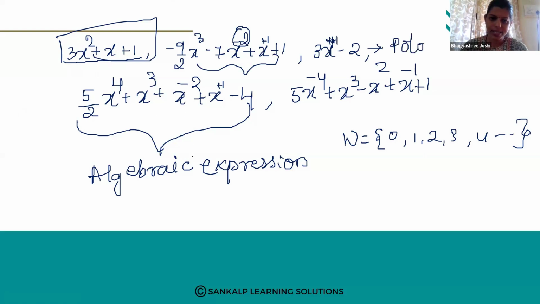And this is an algebraic expression, and this is also an algebraic expression. So we can conclude that all polynomials may be algebraic expressions, but not all algebraic expressions can be polynomials.